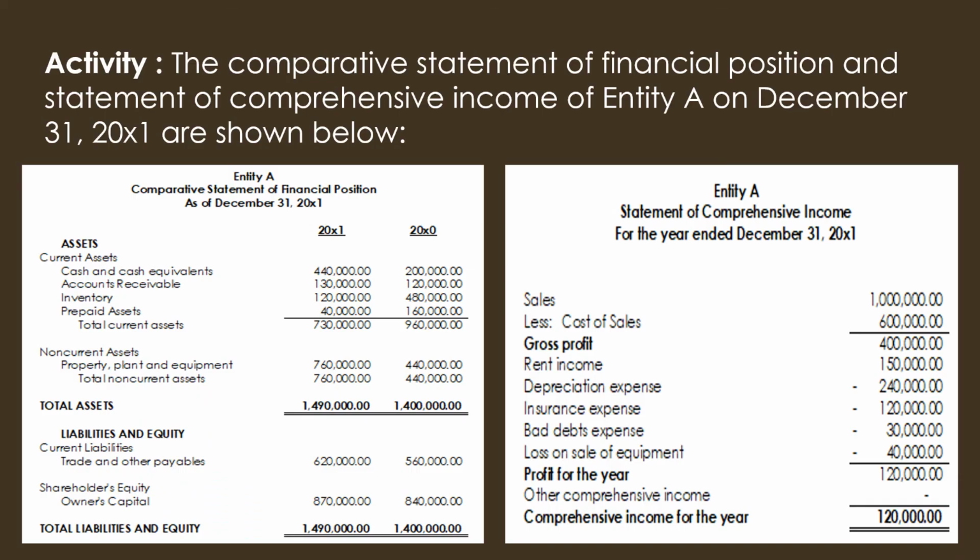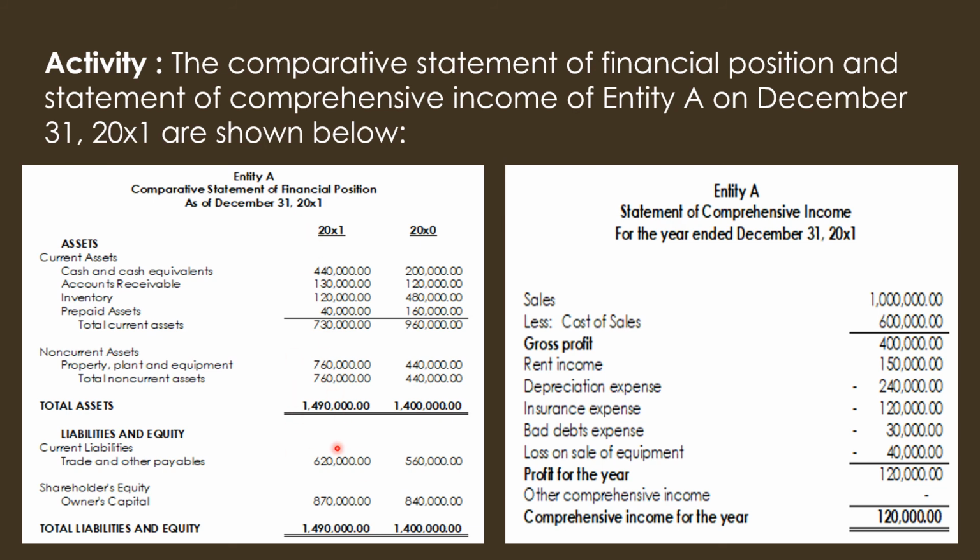Right, let's start. So for our activity, this is the comparative statement of financial position and statement of comprehensive income of NTTA on December 31, 20X1, which are shown below. So this one is the comparative statement 20x1 and 20x0, right?